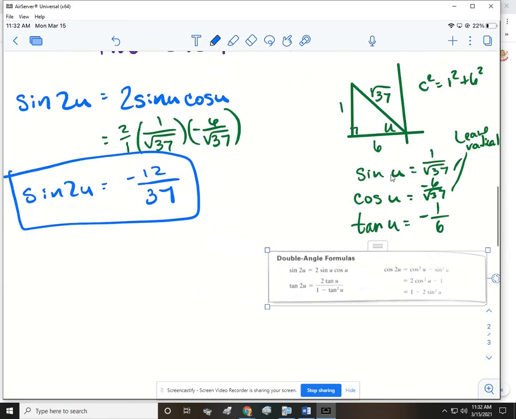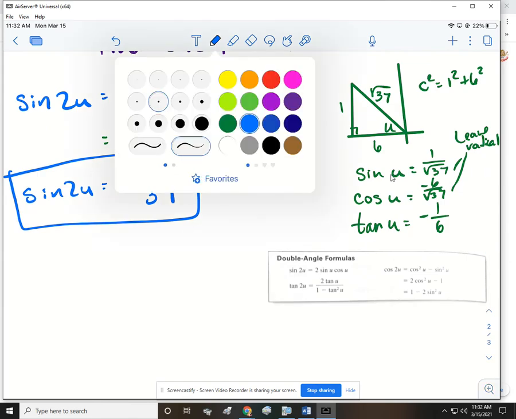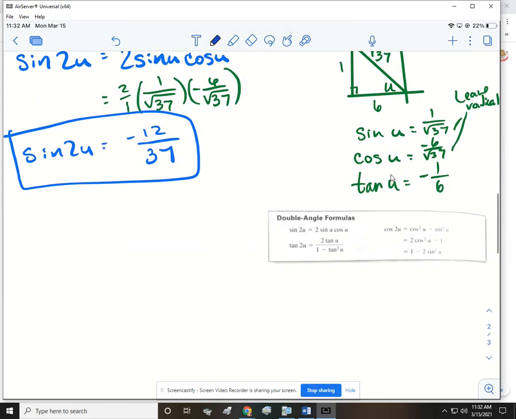Okay. Then if I want to find the cosine of 2u, I can use any of the formulas for cosine of 2u. There's 3 to choose from. I'm going to go ahead and use the one that is on the challenge exam, because that's the one I want you guys to be the most familiar with, which is the top one.